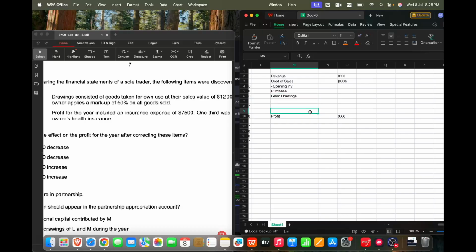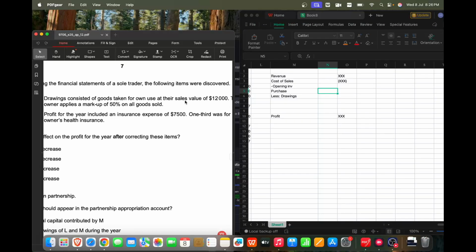If we withdrew goods from the business, then we subtract it from the purchases. The problem here is that we subtracted 12,000, which is the sales value, and we should have been subtracting it at cost. So in drawings we wrote 12,000 and then subtracted that, but it should have been at cost.